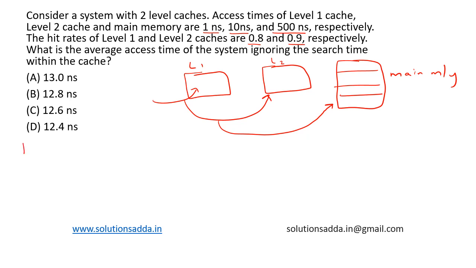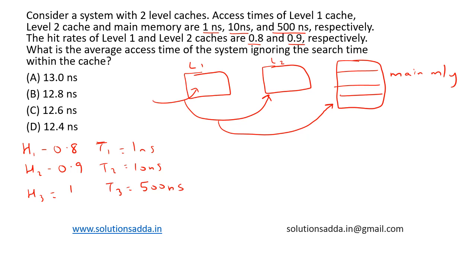Let H1 be hit ratio of level 1 cache, that is 0.8. H2 be hit ratio of level 2 cache, that is 0.9. Let T1 be time to access cache 1, that is 1 nanosecond, T2 time to access level 2 cache, that is 10 nanoseconds, and T3 time to access the main memory, and H3 would obviously be 1.